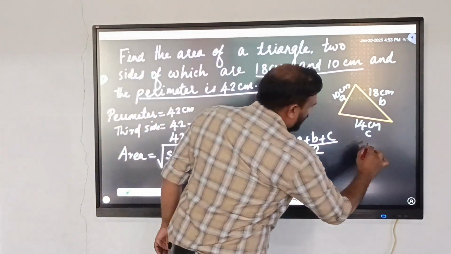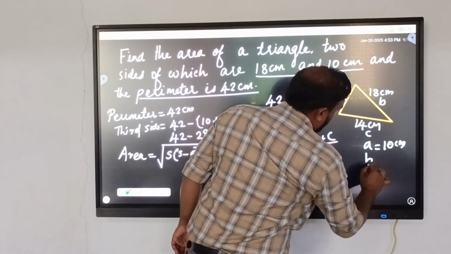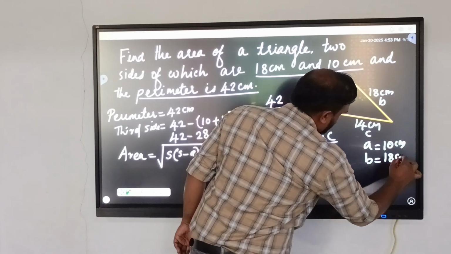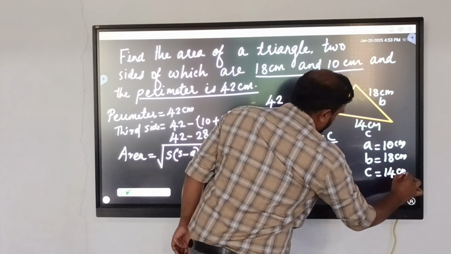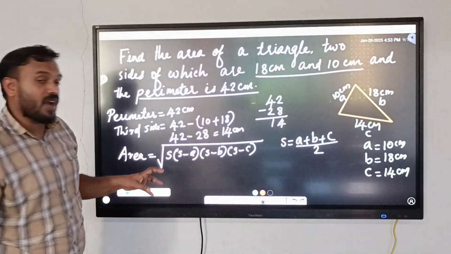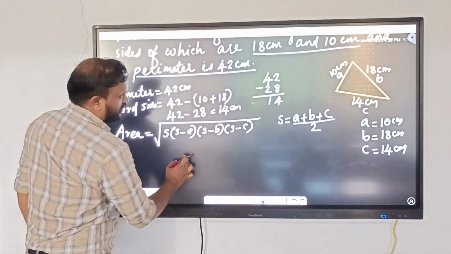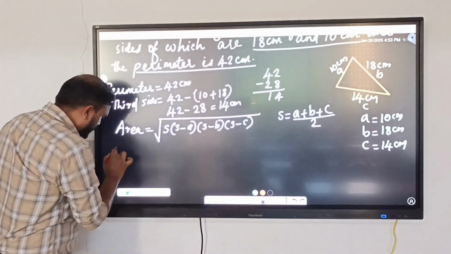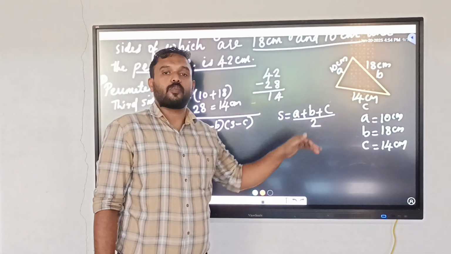So let us consider a equals 10 centimeter, b as 18 centimeter and c as 14 centimeter. Then first of all we have to find s here. So s equals a plus b plus c all divided by 2.